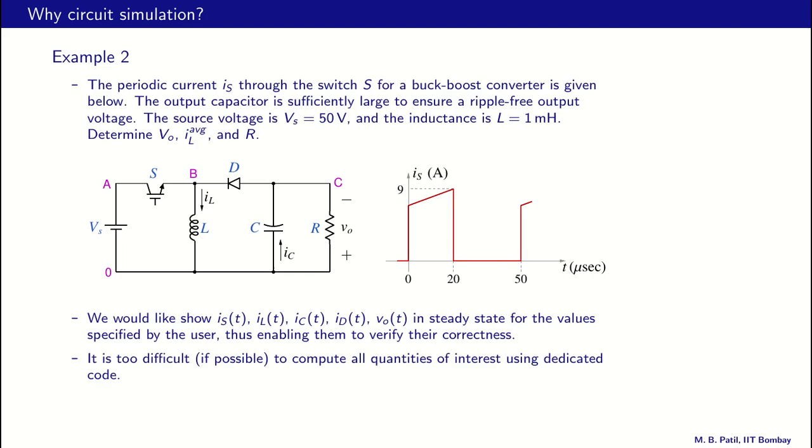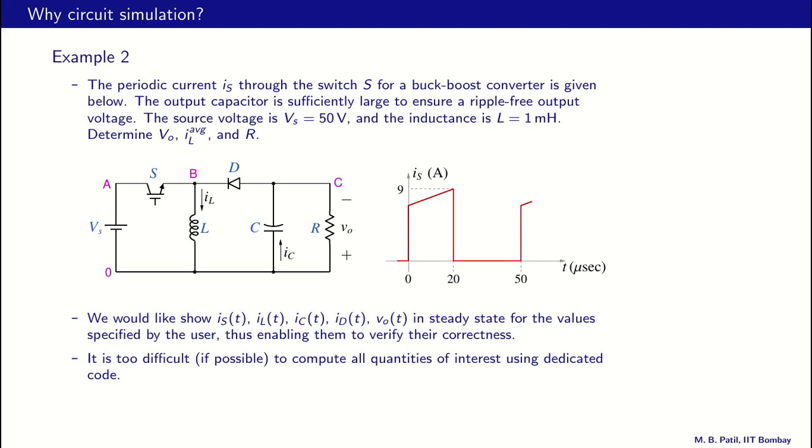And that is too difficult to do, if at all it is possible. And that is the reason we really need to use circuit simulation. If the question was, let's say, calculate only the average value of the output voltage, then we could have used an analytical formula, and then the user could have verified whether the VO that they have matches with the actual analytically computed value.